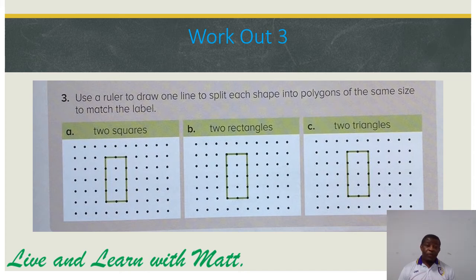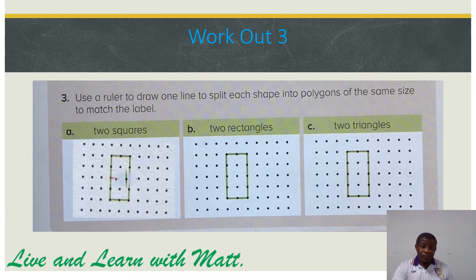So, for part A, two squares, and we know a square has all four sides equal. So we're going to draw a line here to make equal sides, to have two squares. There you have it.